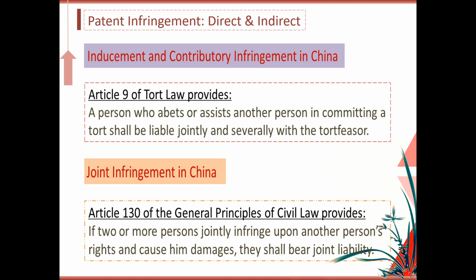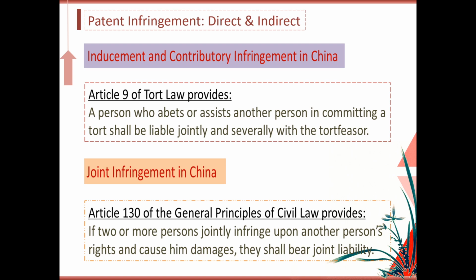In addition, Article 130 of the General Principles of Civil Law of China provides that if two or more persons jointly infringe upon another person's rights and cause damages, they shall bear joint liability.